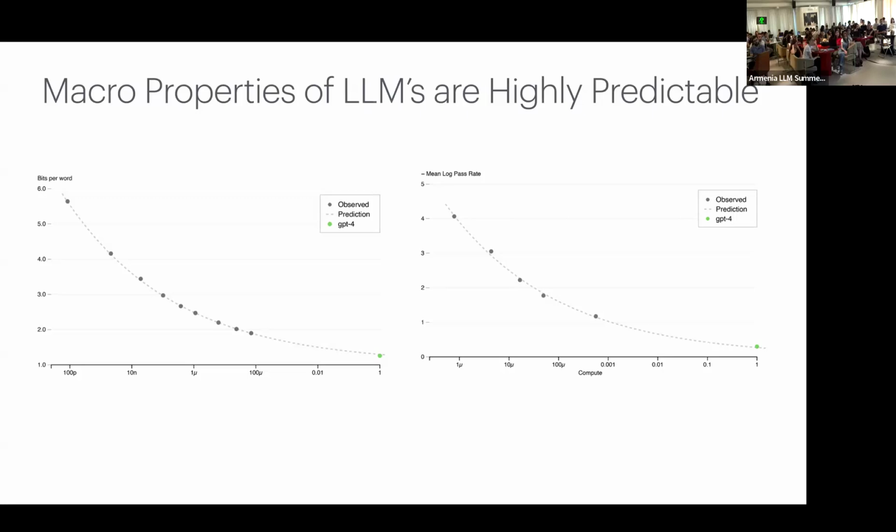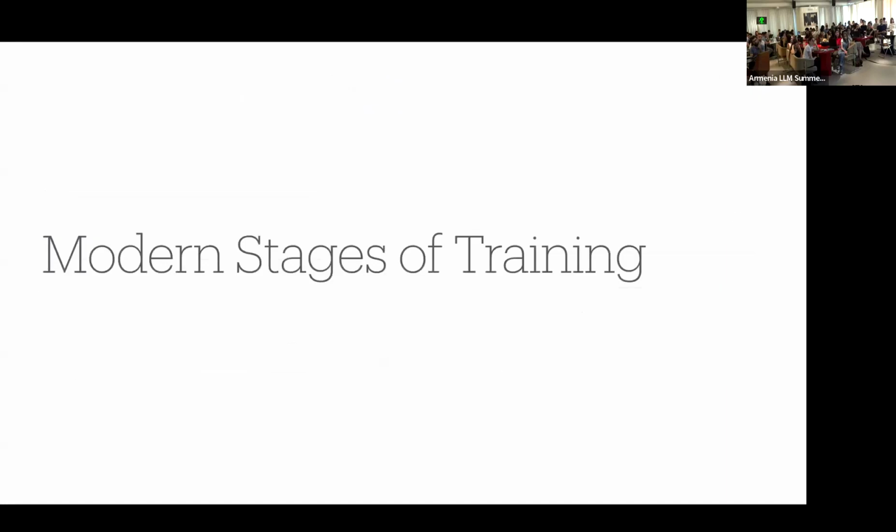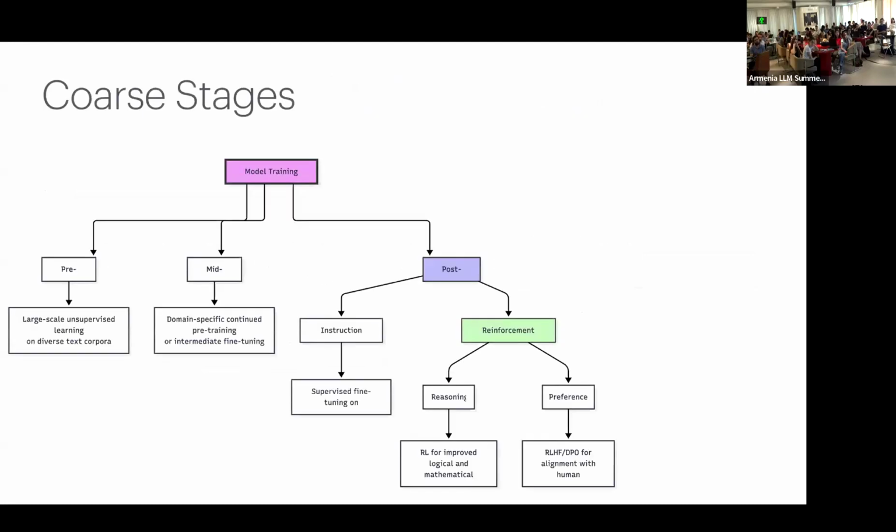But in general, pre-training has taken a bit of a backseat when we talk about modern stages of training. The course structure of training right now is essentially three very explicit separations, and then there are even more specific separations within these stages.